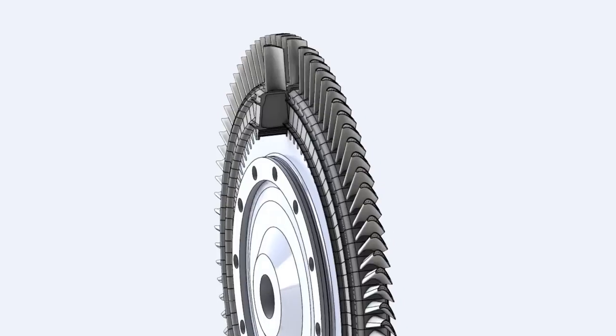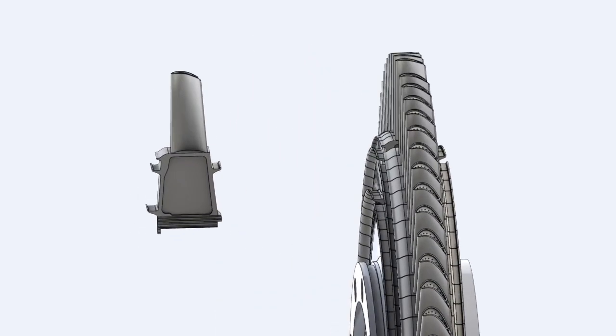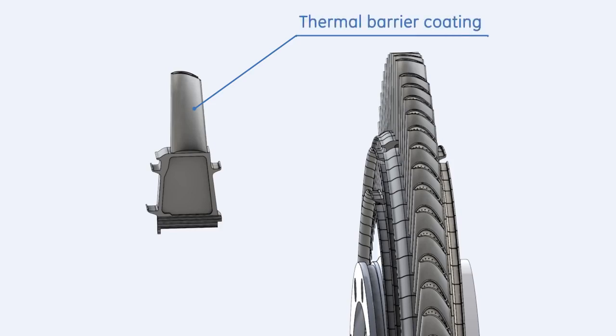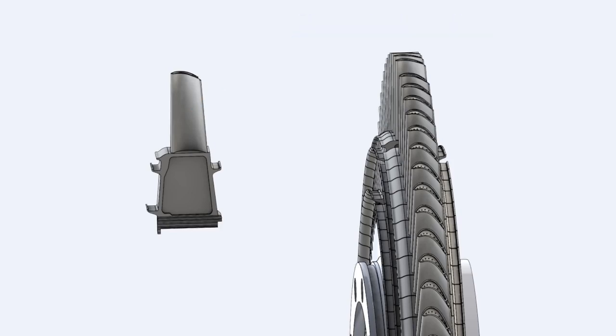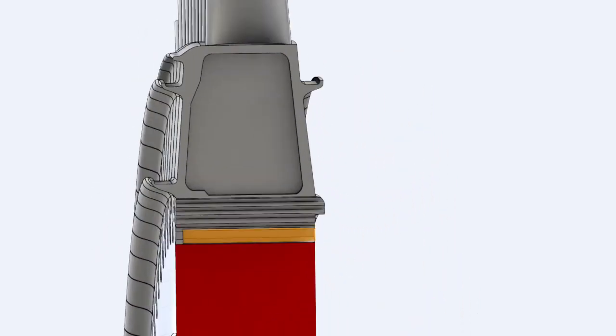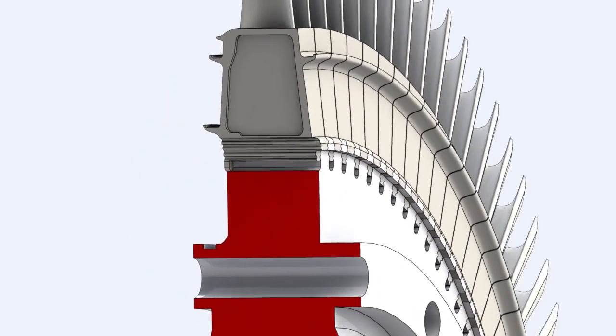Like the next 2 stages, buckets could be disassembled without rotor removal. Being the first part encountered by the hot gases leaving the first stage nozzles, these buckets are protected by thermal barrier coating from outside and air-cooled from inside. When the bucket is attached to the wheel, a small air plenum is formed in between.